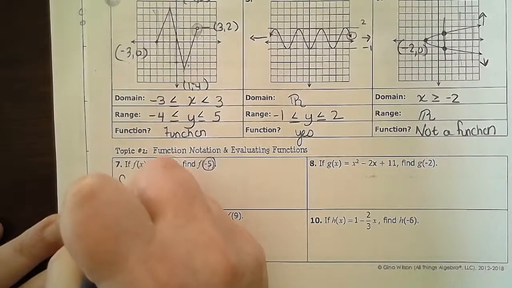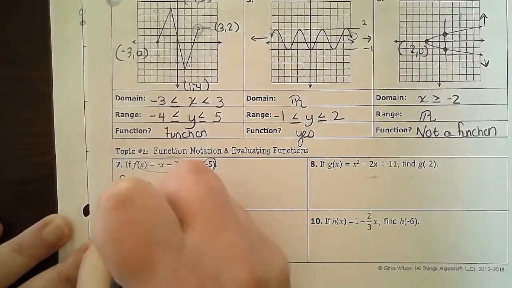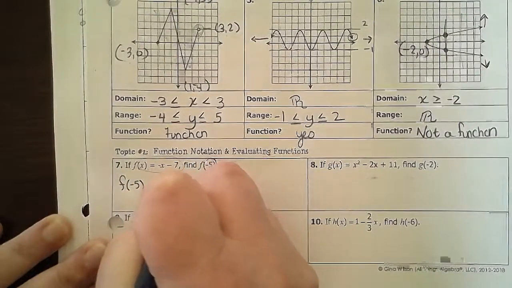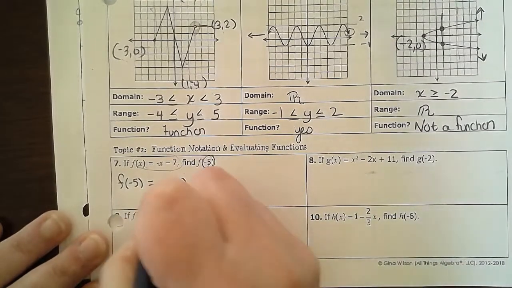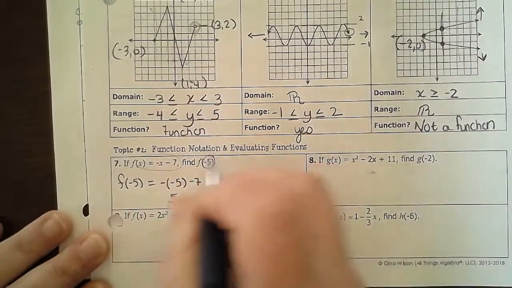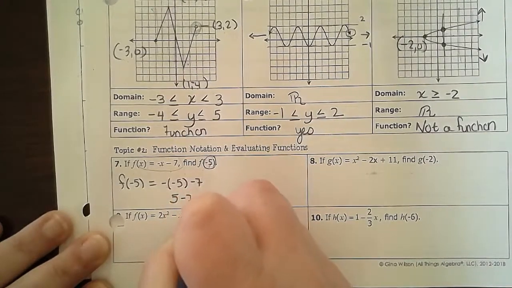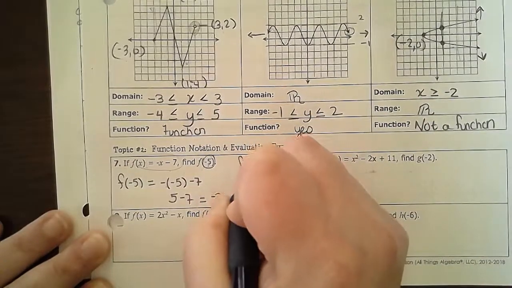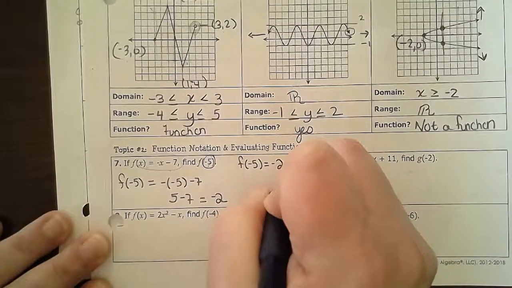So f of negative 5 is equal to negative times negative 5 minus 7. All right. And this is where you need to be careful. This becomes a positive 5 minus 7, and that's equal to a negative 2. So f of negative 5 is equal to negative 2.